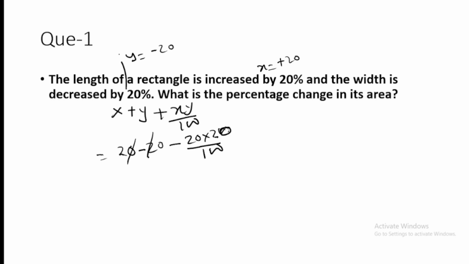So this cancels out, this cancels out, and it is minus 4. Minus 4 is nothing but a decrease, and you will get it in the options, because mostly in competition exams you have multiple choice questions, options 1, 2, 3, 4, 5. So you can directly choose a percentage decrease of 4% in the area.